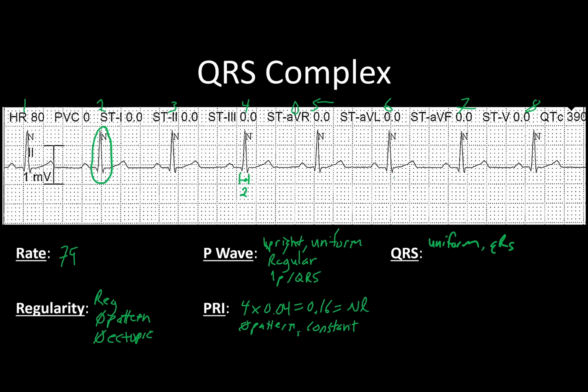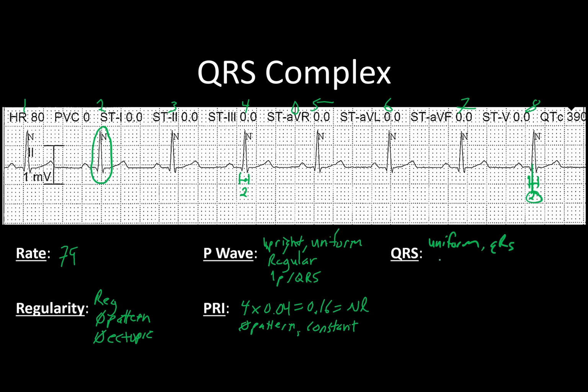We'll measure another one just to be safe. Let's see who's a good one. This would be a good one right here. It starts here, and it ends about right here. 1, 2. So that one's about 2 as well. When it comes to half a box, it's a little bit difficult unless you zoom in and you're really looking in real life.